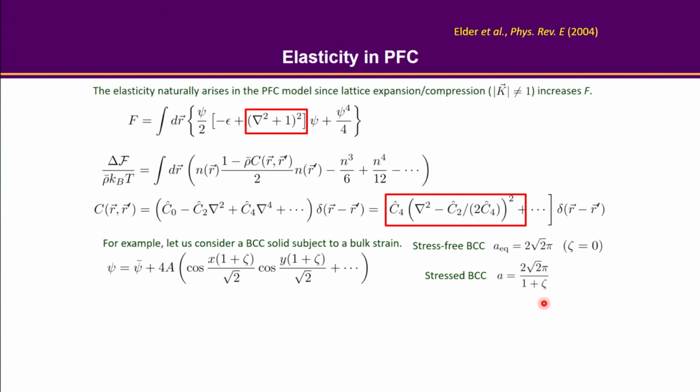So A reduces from 2 square root 2 pi to 2 square root 2 pi divided by something bigger than 1. If that's my system dimension, now you can see why the n size has this extra factor in the denominator. Because when x equals that number, the 1 plus zeta cancels out, so it starts to repeat itself.